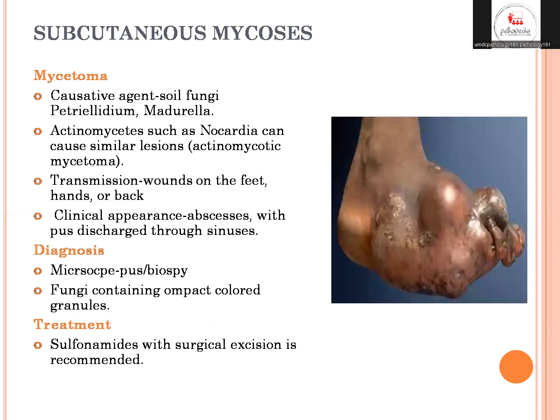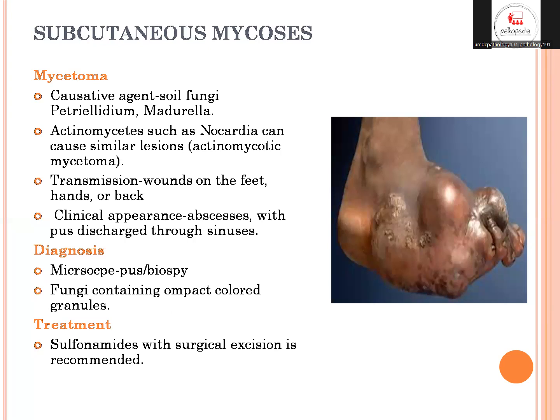The third form of subcutaneous mycosis is mycetoma, caused due to soil fungi such as Pseudallescheria boydii. Actinomycetes such as Nocardia can cause similar lesions, called actinomycotic mycetoma. It is transmitted through wounds on the feet, hands, or back.